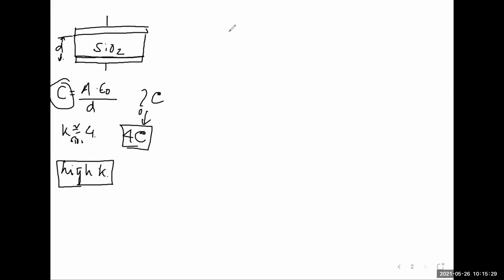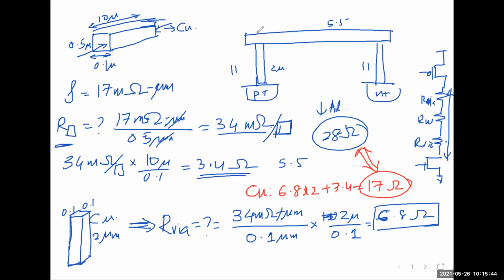Sir, I didn't get where we need high capacitance and where we need low capacitance. Well, you saw yesterday, right? When we did this problem, we did a capacitance calculation too. Okay, so what does that capacitance do?